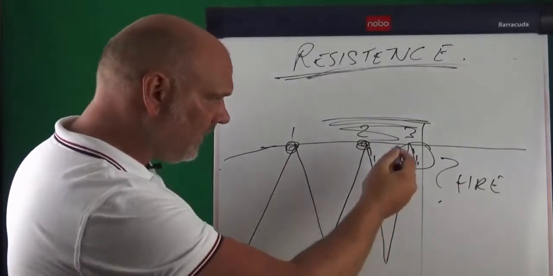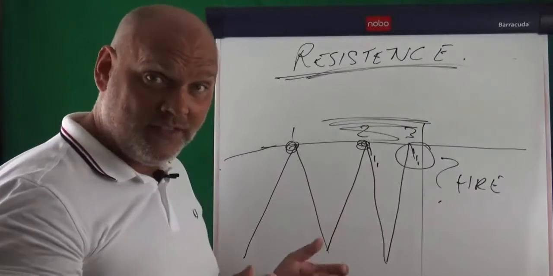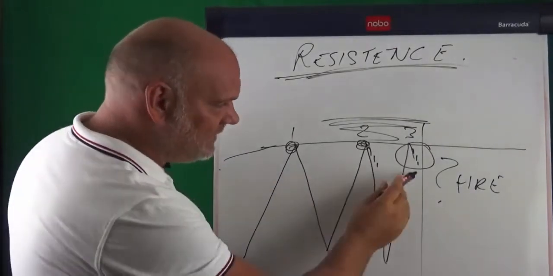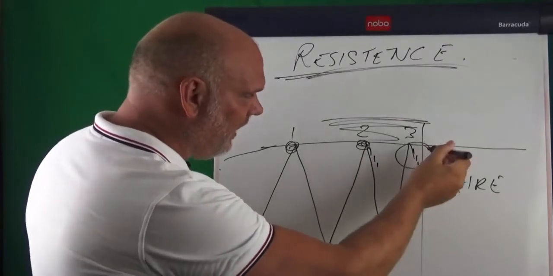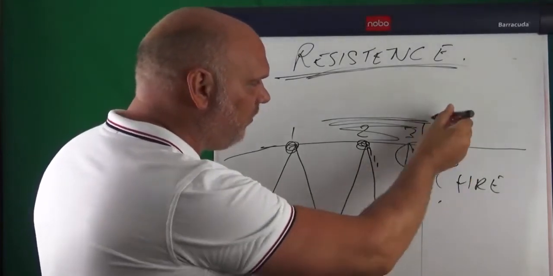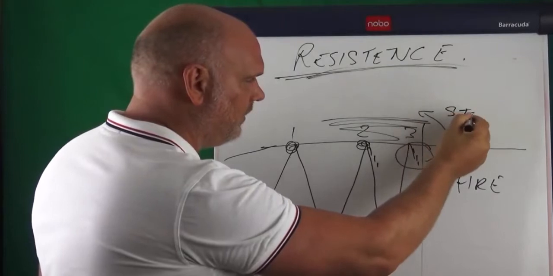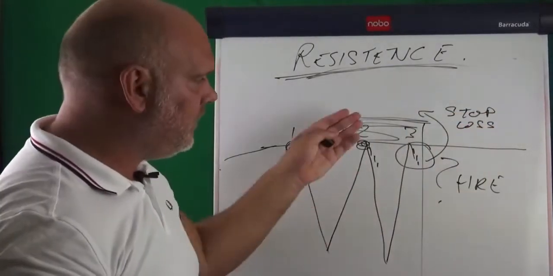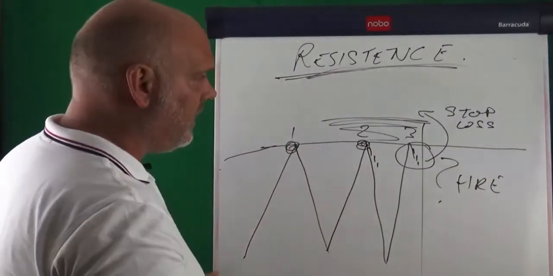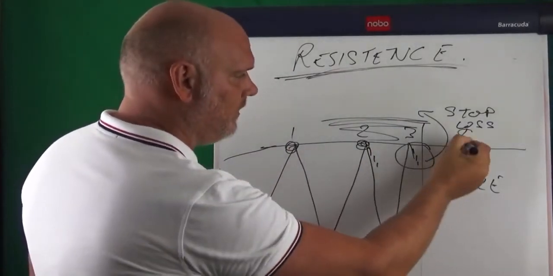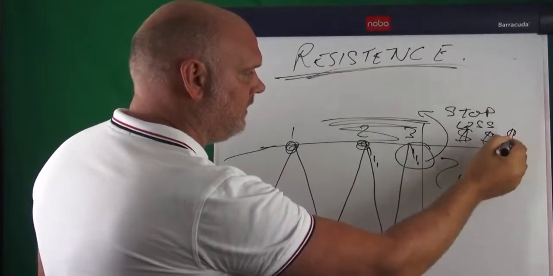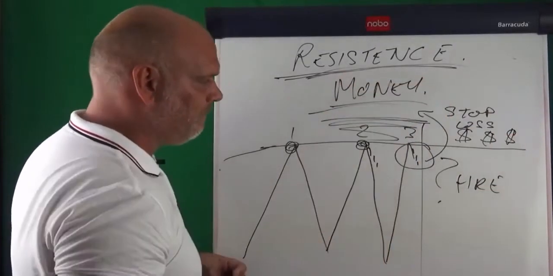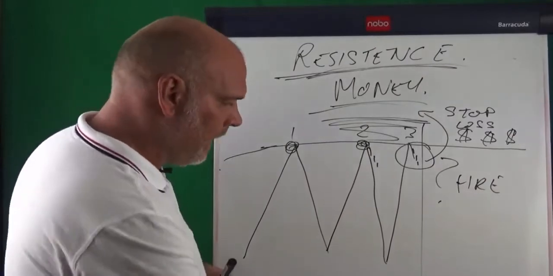So yes, it starts to do that, and they get ready to pull the trigger. Not only that though, when they enter, their stop loss placement becomes very, very obvious. It's usually just above the structure itself. So what our stop loss is, essentially, it's money.